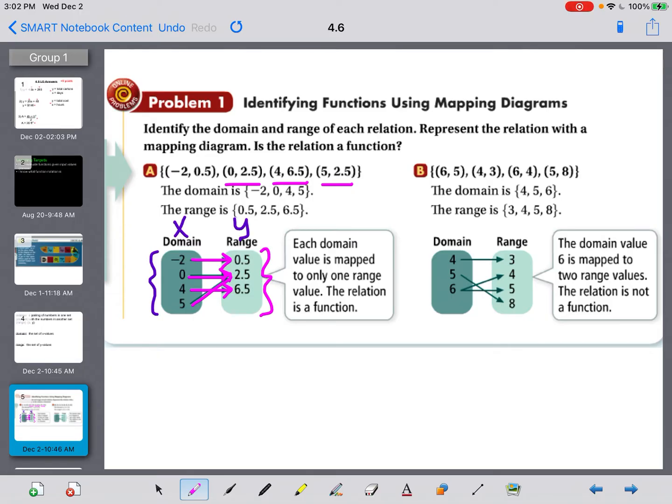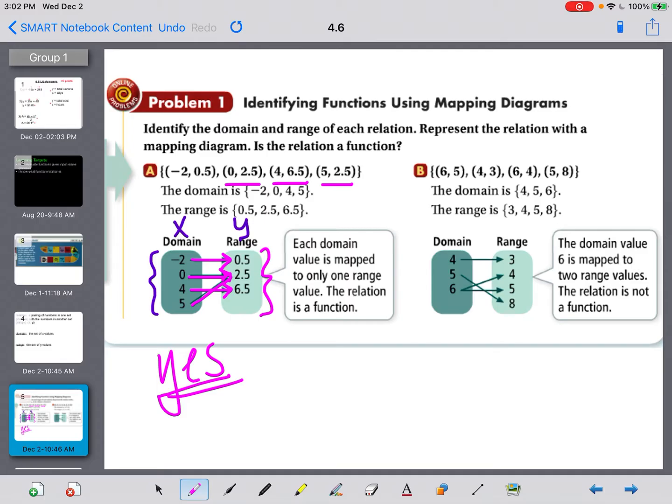To tell if this relation in your mapping diagram is a function, every domain value, or every x value, can only be pointing to one y value. Each one of these x values only has one arrow coming out of it, so yes, this one is a function.